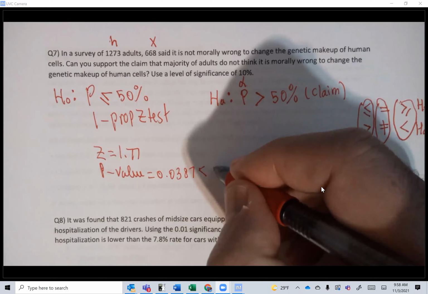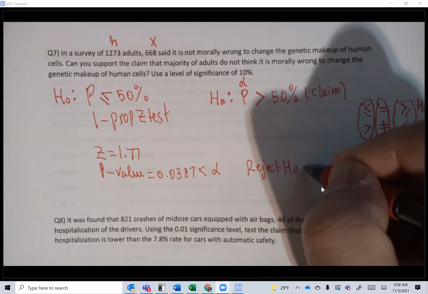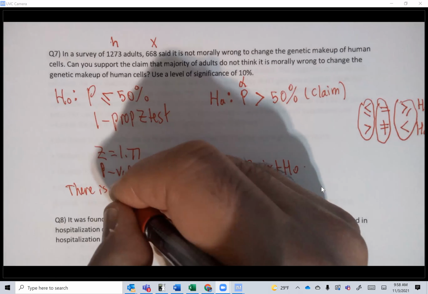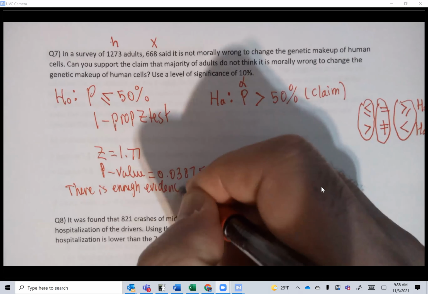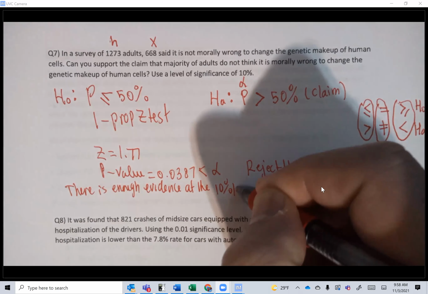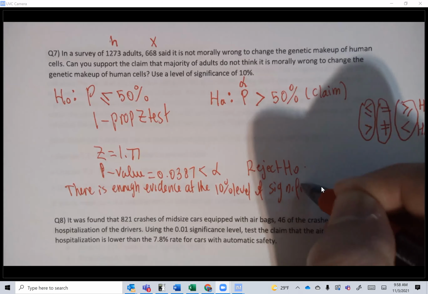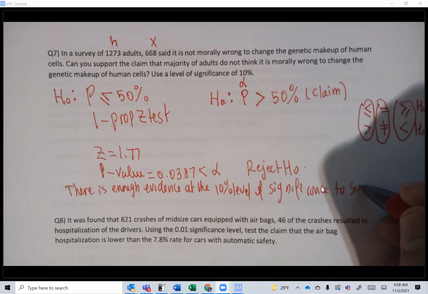So we reject H0. If you reject H0, you start with: there is enough evidence at the 10% level of significance to support the claim.